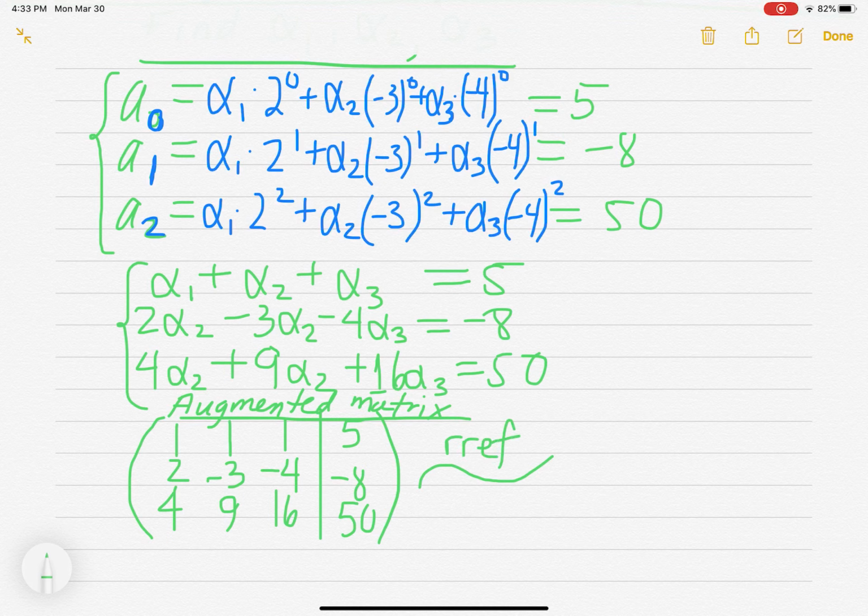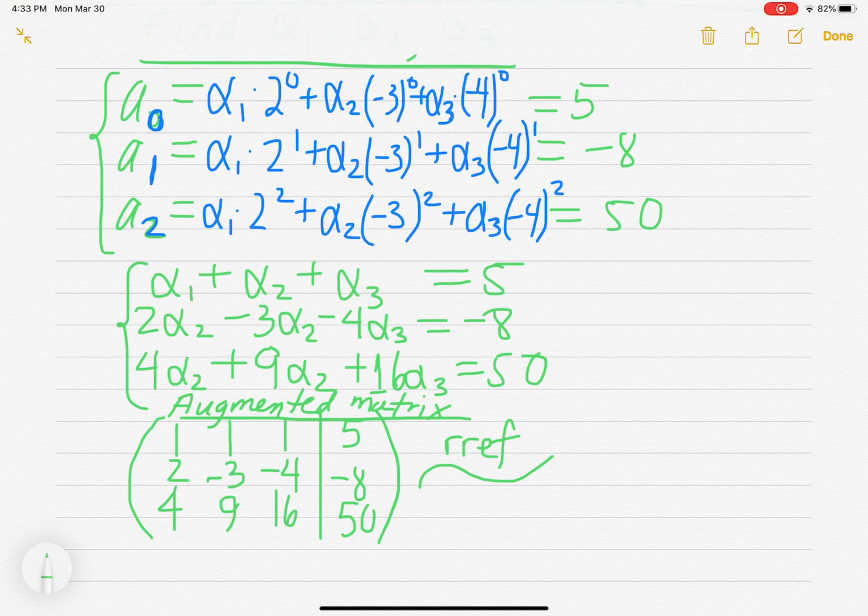So you can put that into a calculator. Let's see, I put this into a calculator earlier. What did I get here? I can't find it.